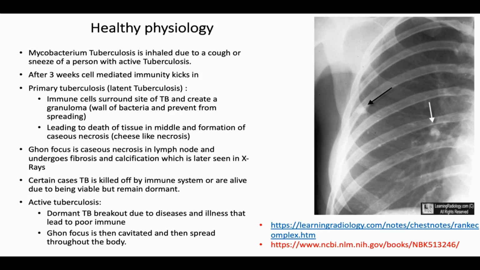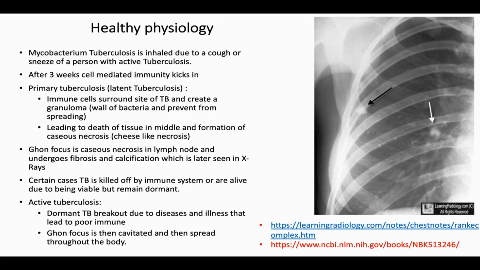So, continuing to healthy physiology, Mycobacterium tuberculosis is inhaled, as I said prior, through a cough or sneeze of a person with active tuberculosis. After 3 weeks of the inhalation, cell mediated immunity kicks in.